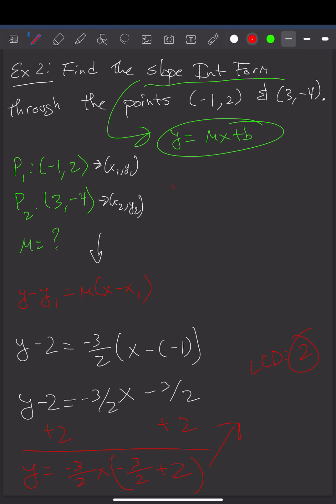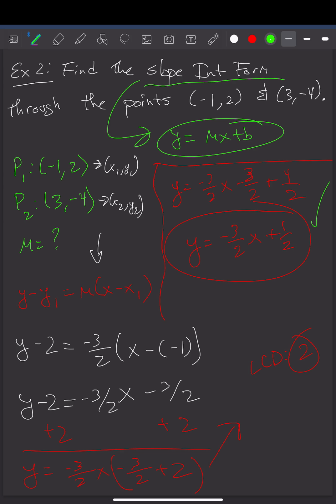So we're going to have y equals -3/2 x minus 3/2 plus 4/2. That's a 3, sorry. So our final answer should be -3/2 x plus 1/2 as our slope-intercept form, which is what we're looking for.